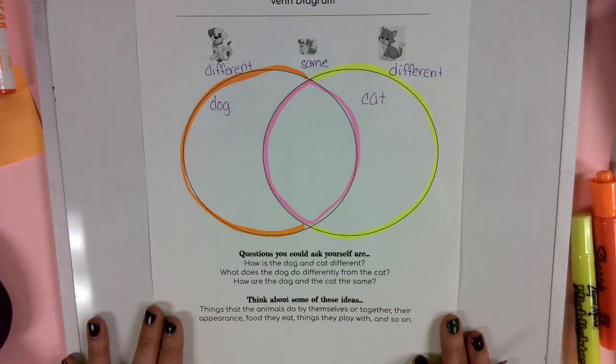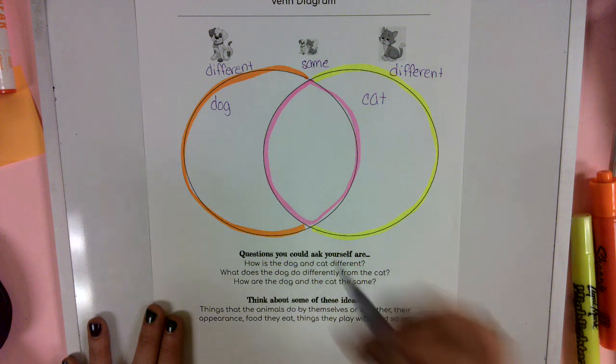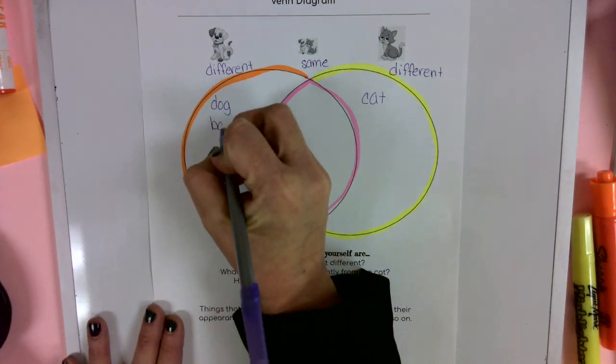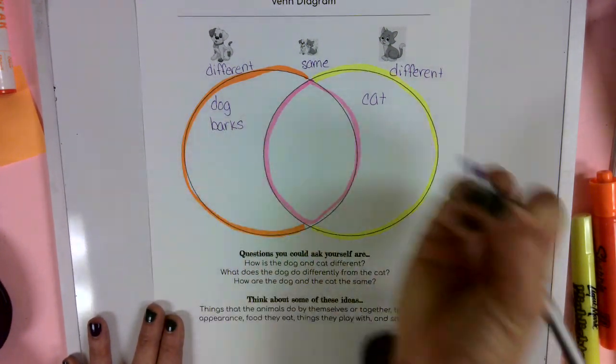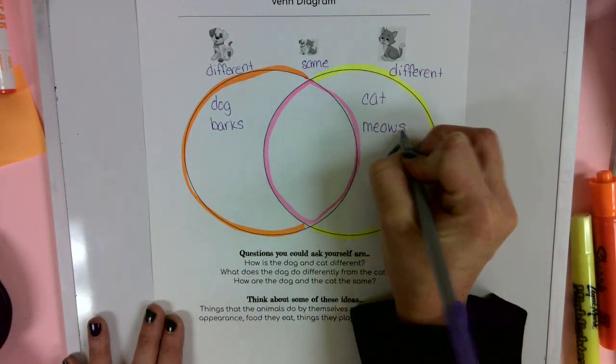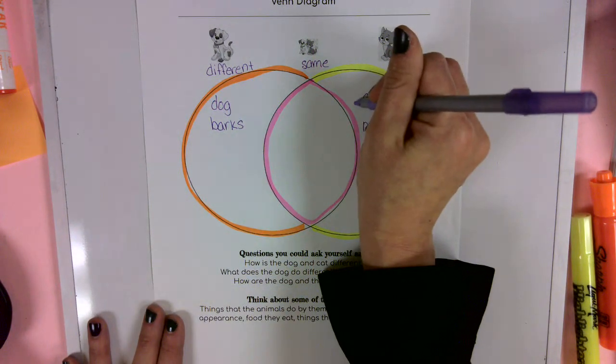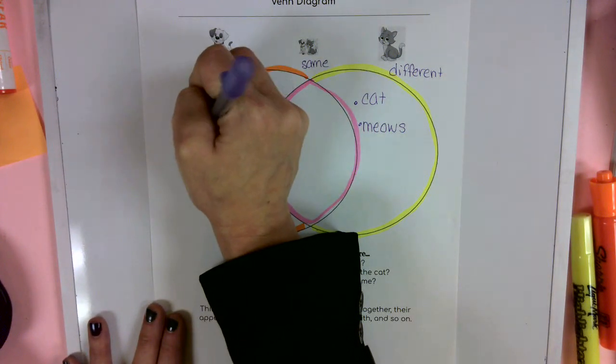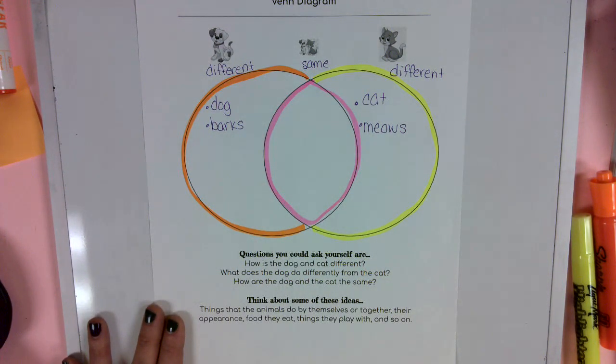I think that the dog barks. So a dog barks and a cat meows. So that's something that they do differently. What else? So what does the dog do differently than the cat?